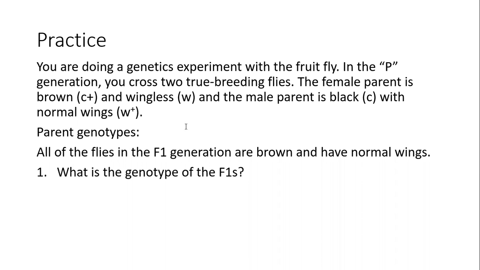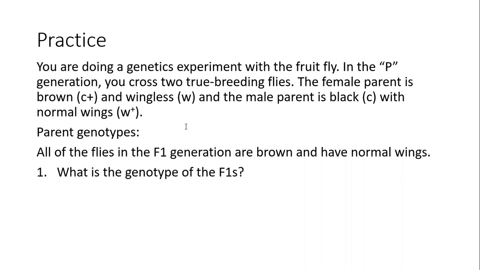The female parent is brown, so C, I guess, for color. So C plus, so brown, then we are saying is the wild type. And for this problem, we will assume it's the dominant. And wingless, W, so that's the mutant and the recessive. And the male parent is the opposite, C and W plus.